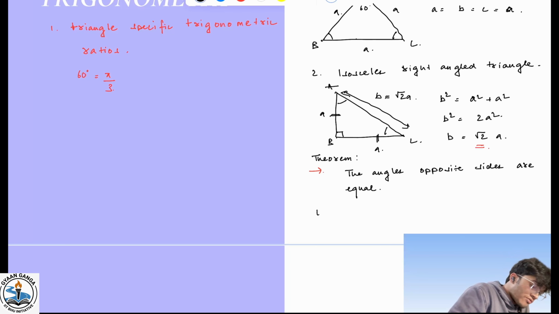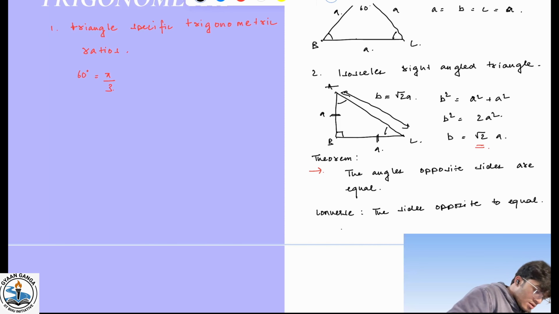And the converse of this theorem: the sides opposite to equal angles are equal.